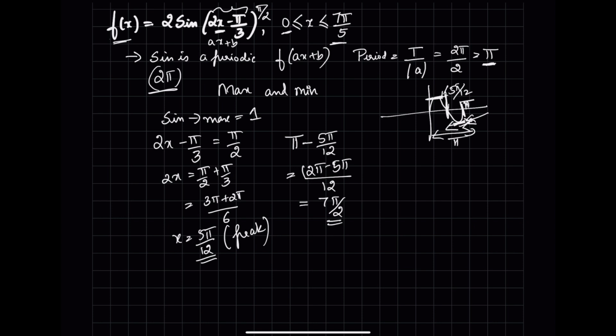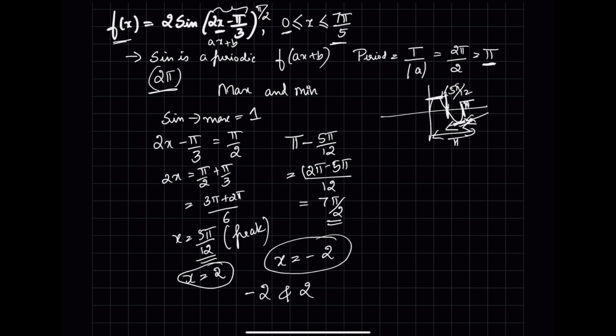And what is the least value? How do we understand that? Sine of π/2 is 1. So the peak value is 2 and the least value is −2. So the wave will be between −2 and 2.